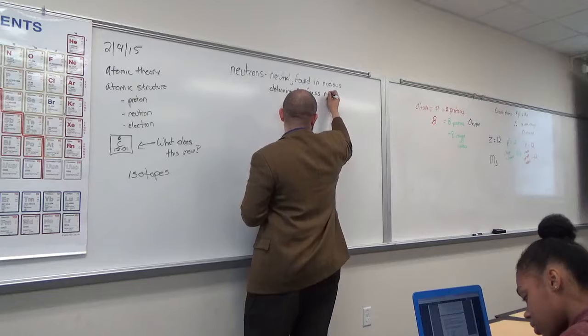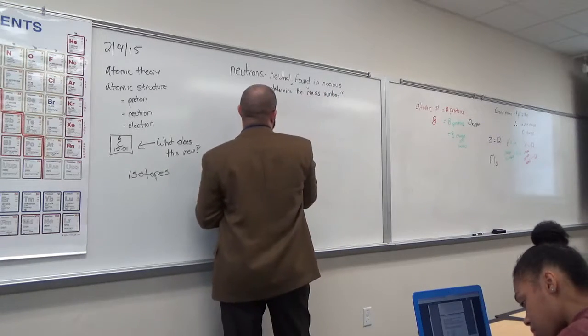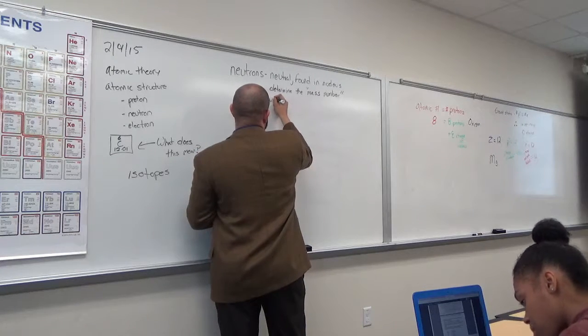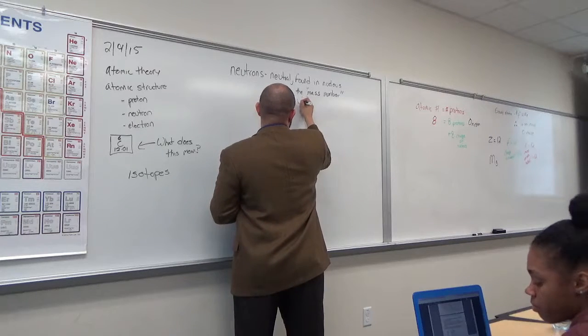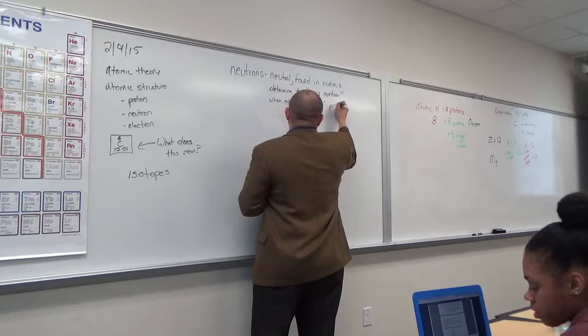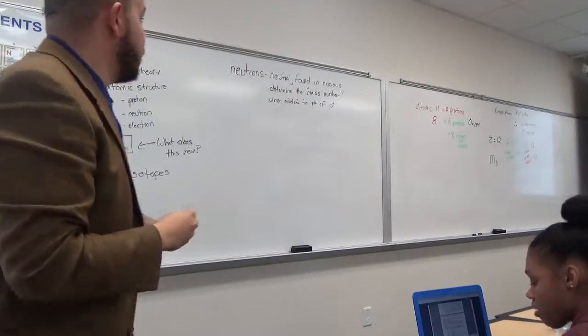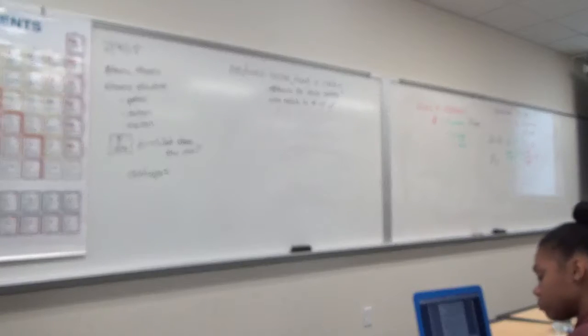This is a definition that I'm adding. So neutrons are neutral. They determine the mass number when you add them to the number of protons.